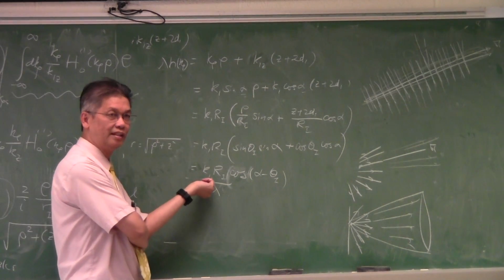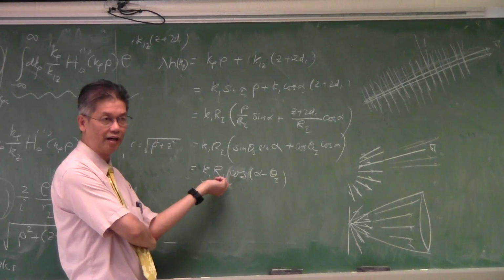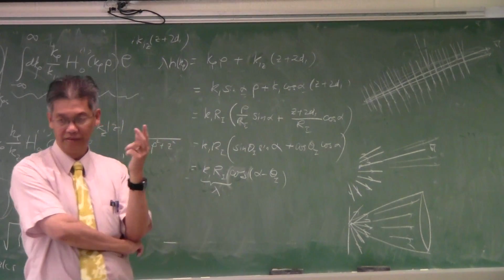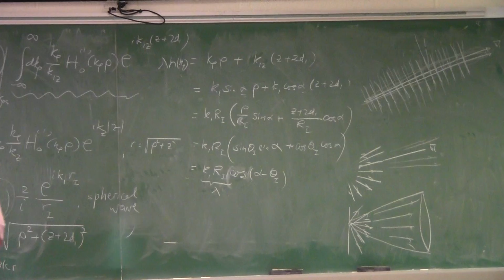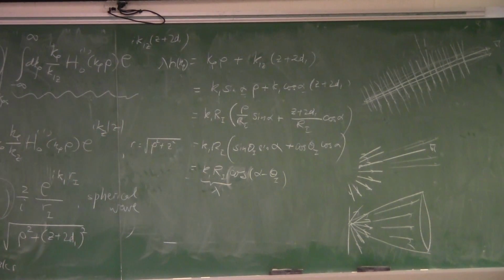You can make the frequency high, wavelength short, or you can make the observation point very far away. These are all the important things to make ray optics valid. The observation point has to be far away, or the frequency has to be high, or the wavelength has to be short. And once you have this large parameter, then you can go to this stationary phase point analysis.